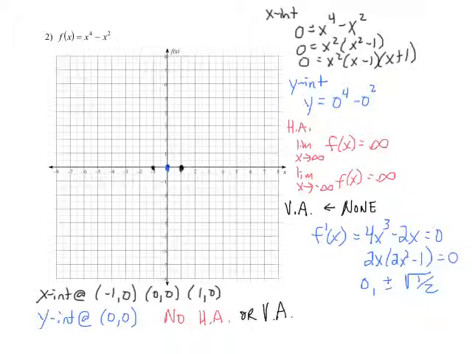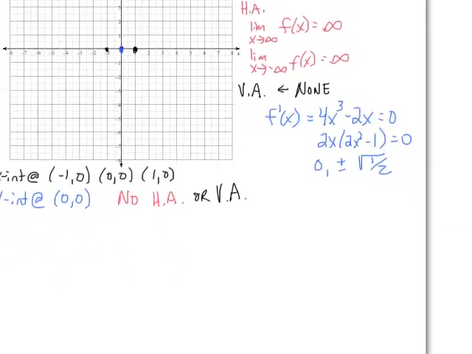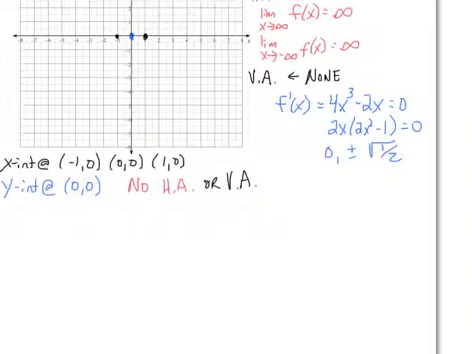So we're going to have to create a sign chart, and I'm going to pan over here to look at what's going on. Negative root 1/2, 0, and positive root 1/2.